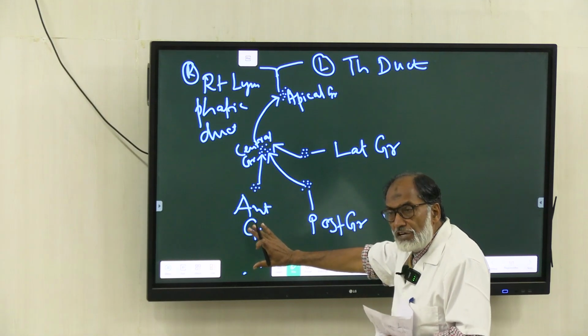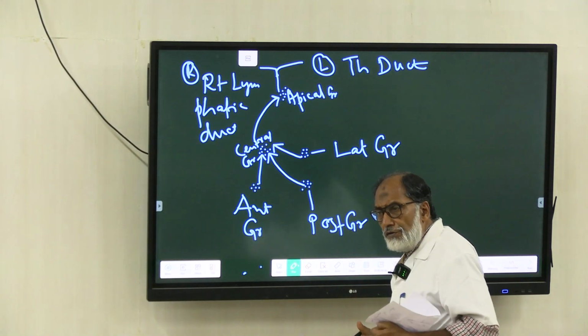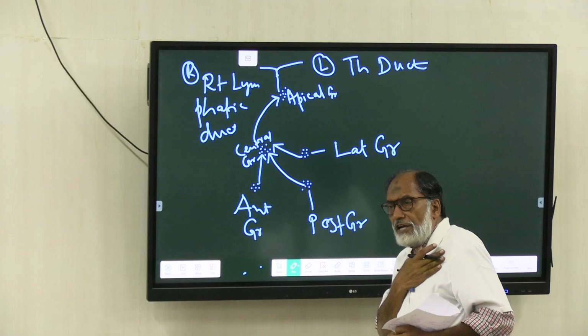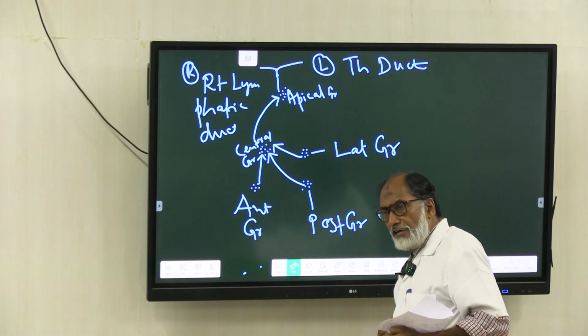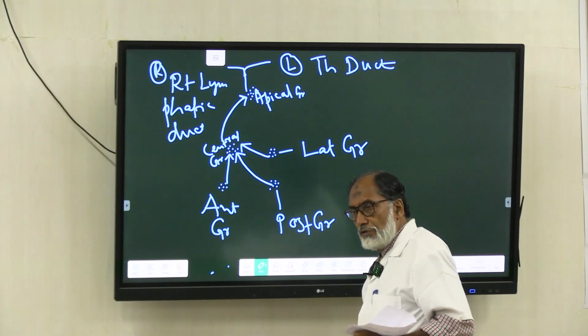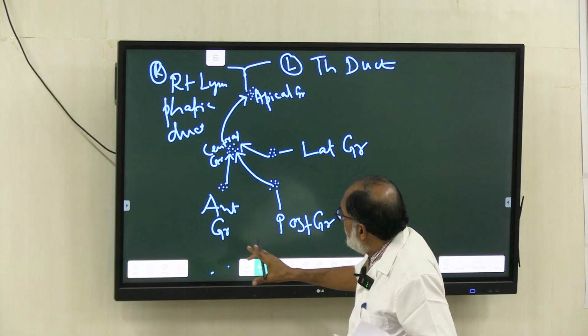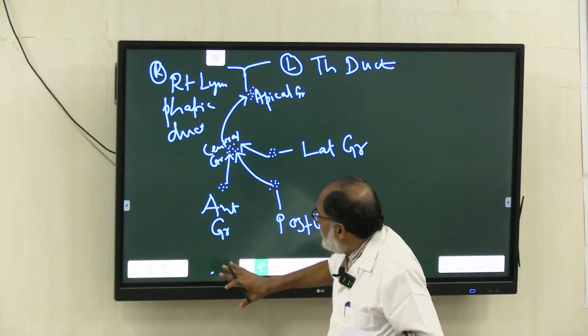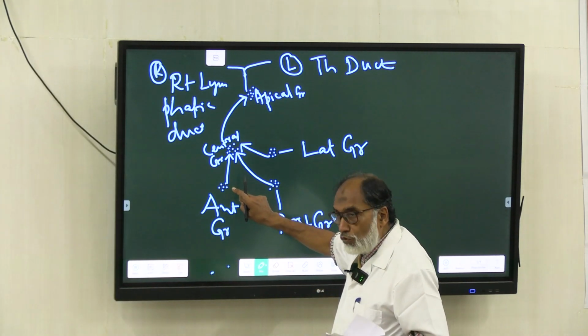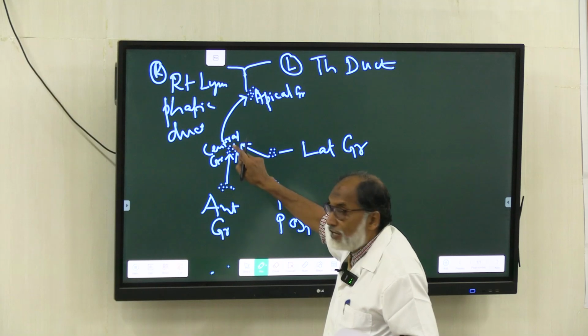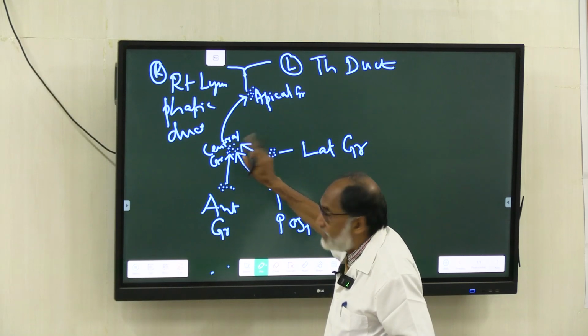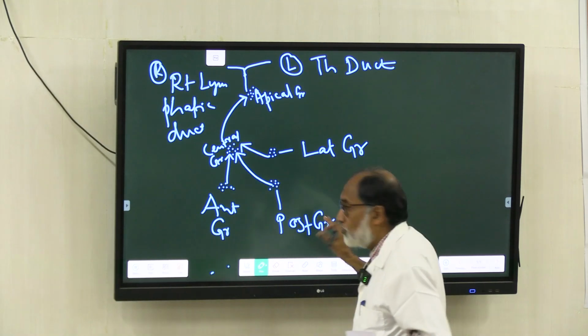Anterior group drains which area of the body? It drains the anterior chest wall and anterior abdominal wall up to the umbilicus. From there, the afferent lymph vessels will go to the anterior group. From here, your efferent lymph duct will go to the central. Now, the posterior group.